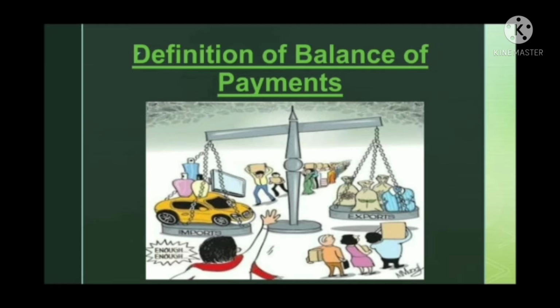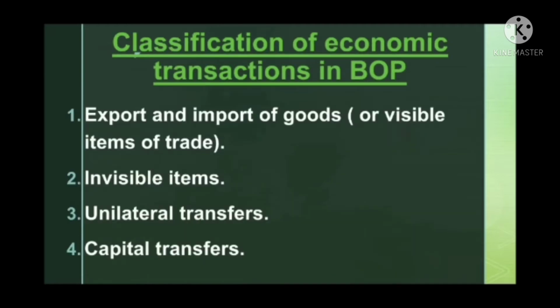Next, classification of economic transactions in balance of payments. Economic transactions in balance of payments are broadly categorized as: exports and imports of goods or visible items of trade, invisible items, unilateral transfers, and capital transfers. So point number 1 is exports and imports of goods.